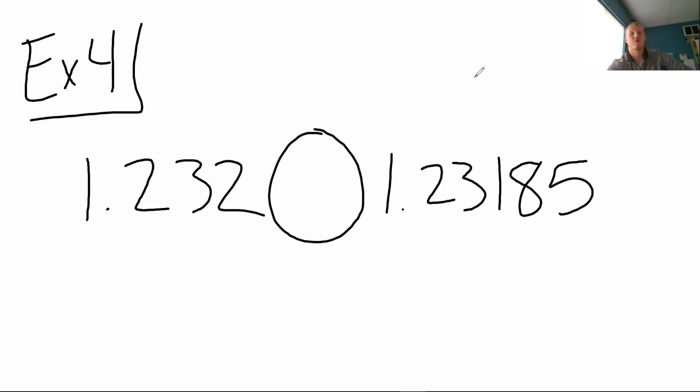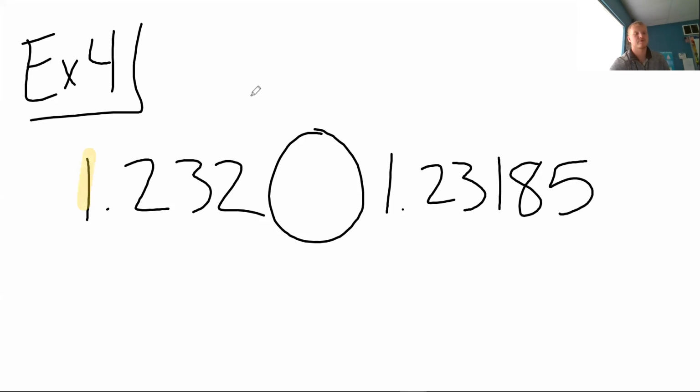So how am I going to compare these two, Bethy? We can look at the numbers and go to the right until we see a number that's different, and whichever digit is higher, that's the one that's bigger.